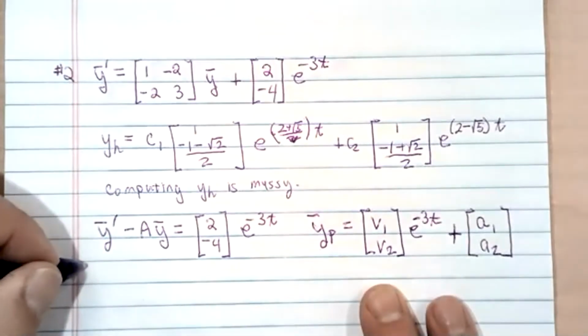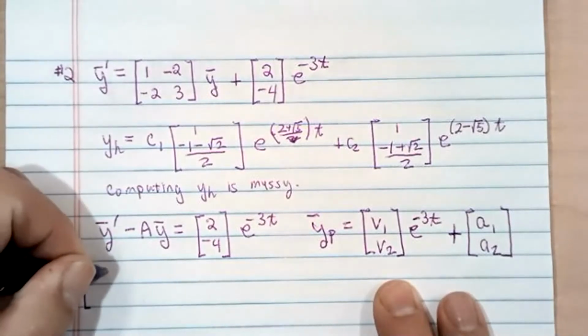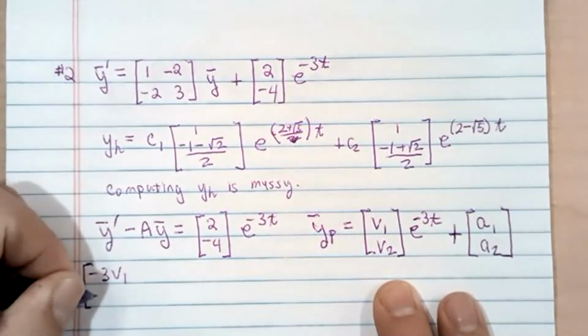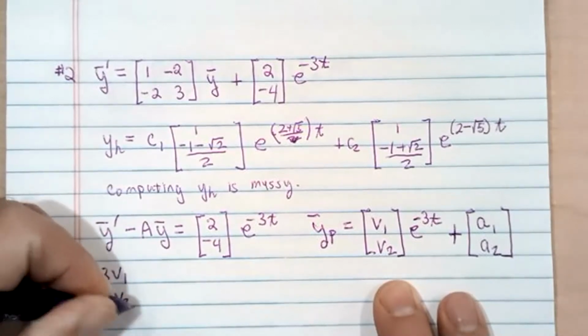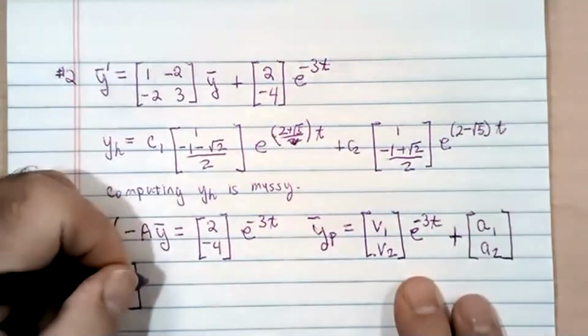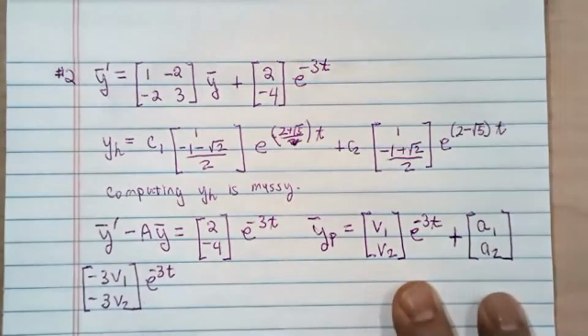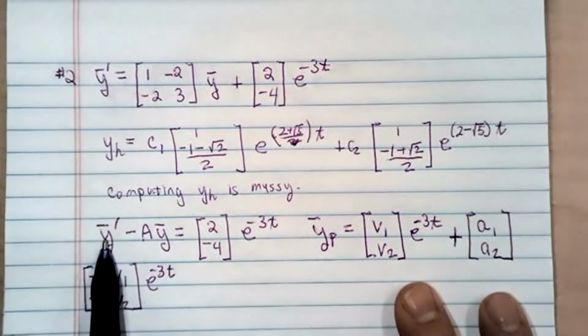So the y prime part is this, -3 v1, -3 v2. That's the chain rule factor popping in here. And then you've still got an e to the minus 3t multiplying that term. Okay, so that takes care of the y prime.